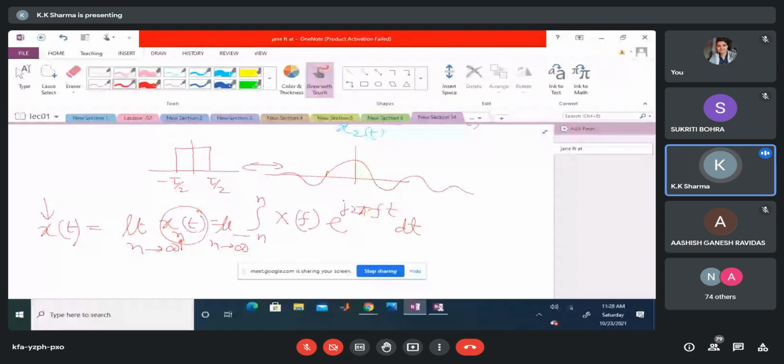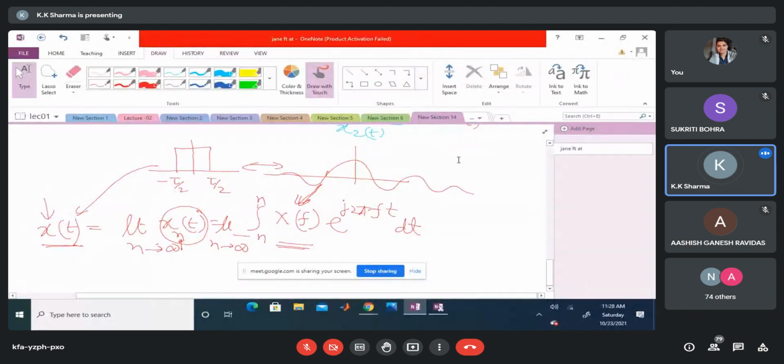So now if you use the sinc function in this definition and then take the limit, that will give you this pulse signal. What I am trying to emphasize here is that there are some minute points which you should be familiar with.